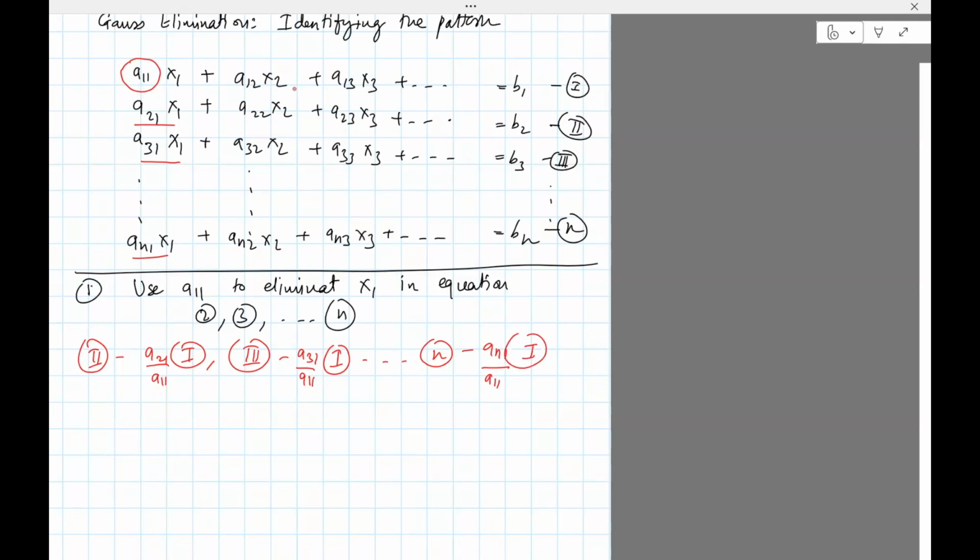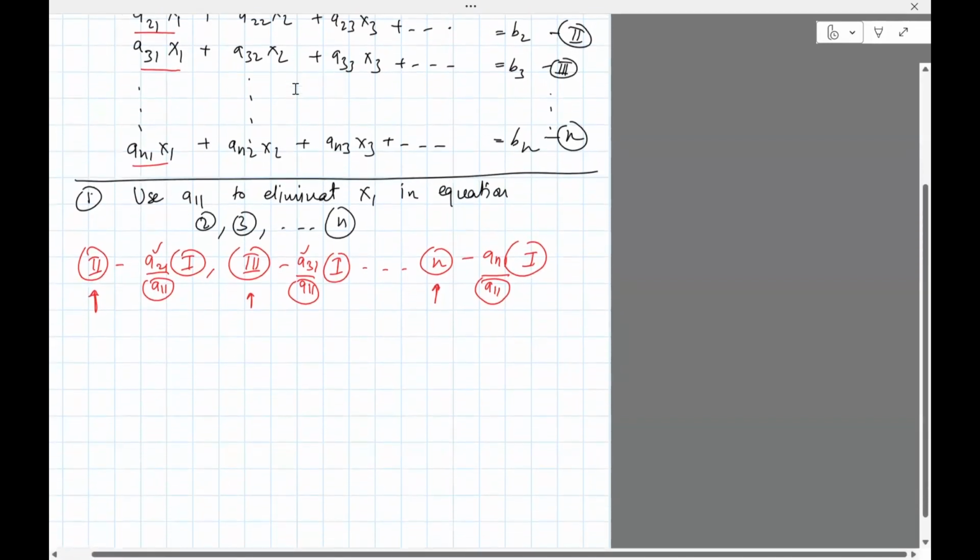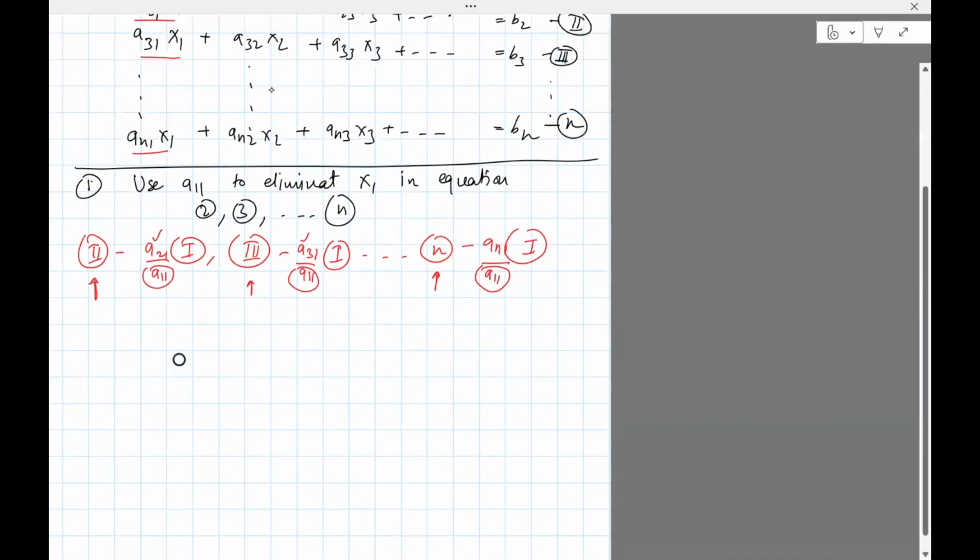Okay, so you see what you're doing? You're rewriting equation 2, equation 3, equation n by using a11 in this fashion. a21, a31 are coefficients of the first column. So what will happen is eventually x1 will drop out from all the equations but the first one. So the result of this calculation is that the first equation will remain as it is.